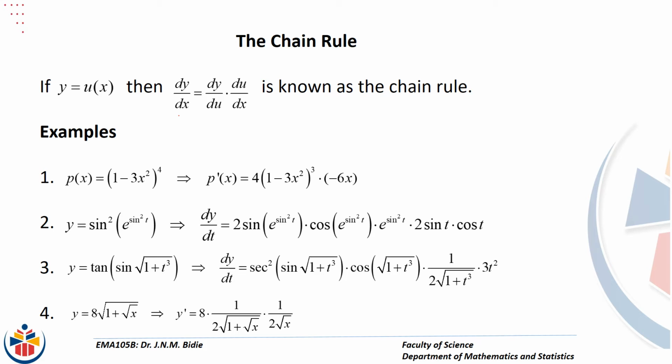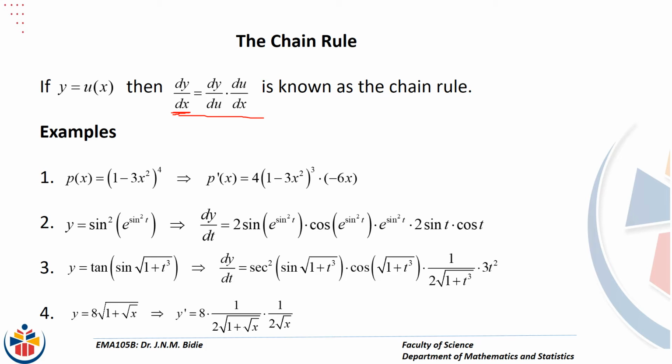So you have to do the chain: dy over du multiplied by du over dx. Guess what it gives you? It gives you dy over dx.